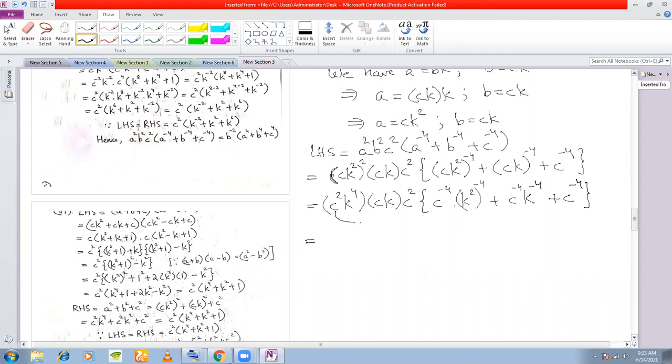Now here you have C square, C and C square again. You add the powers, you get C to the power of 5. You have K to the power of 4 and K here. Add the powers, you get power 5 once again.